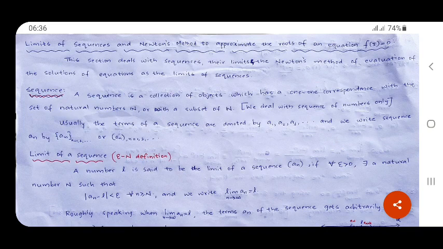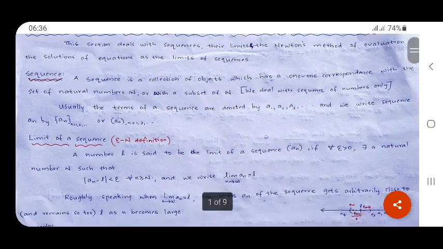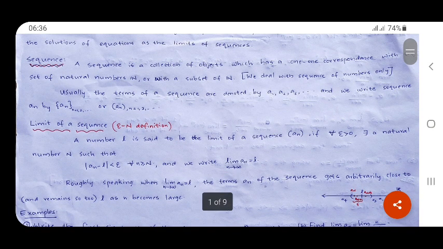And of course n can be from 1, 2, 3, etc., or from 0, 1, 2, 3, etc., or from -1, -2, etc. It can go from somewhere to either infinity or some finite number, depending on whether the sequence is infinite or finite.